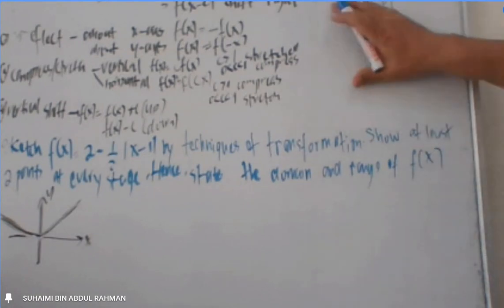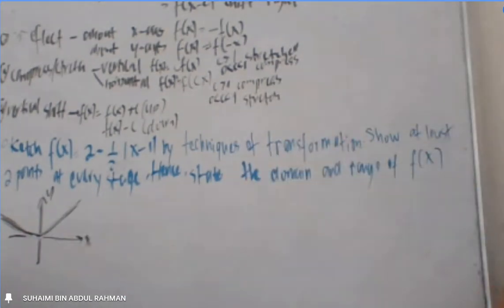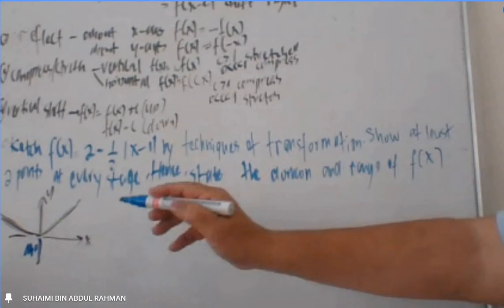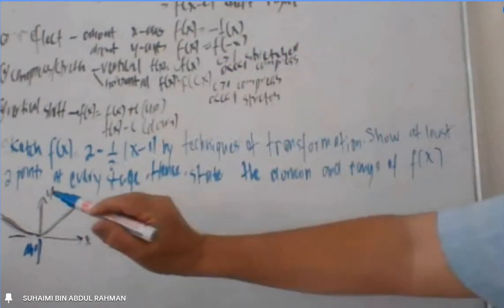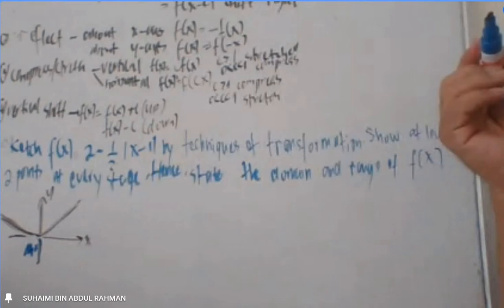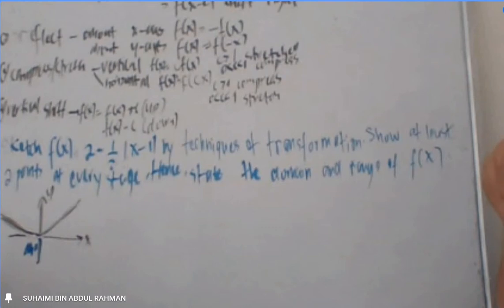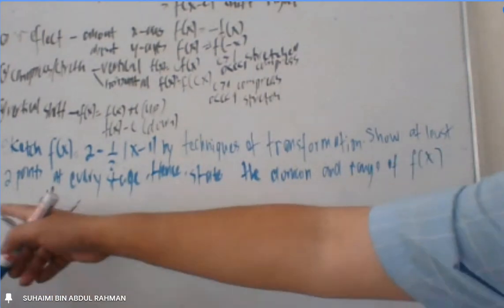Okay, what is the point here? 0, 0. And because we need 2 points, we can have another point.